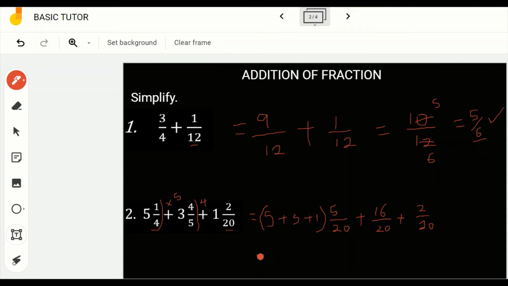Now, as you can see right here, I have all the fractions having the same denominator.